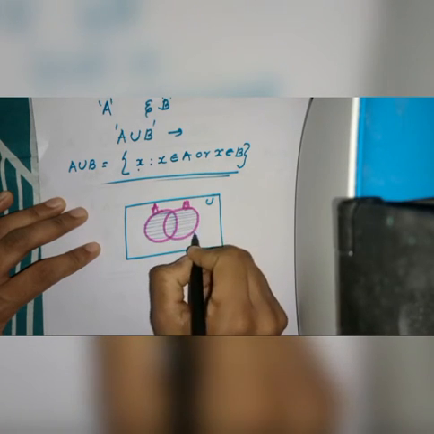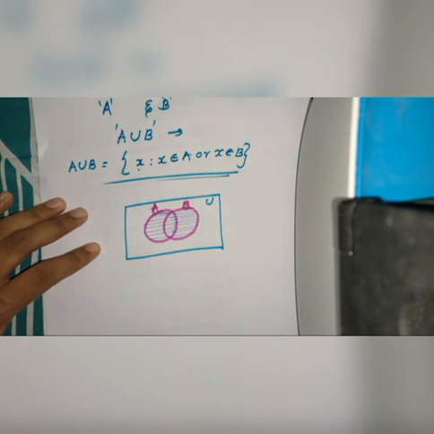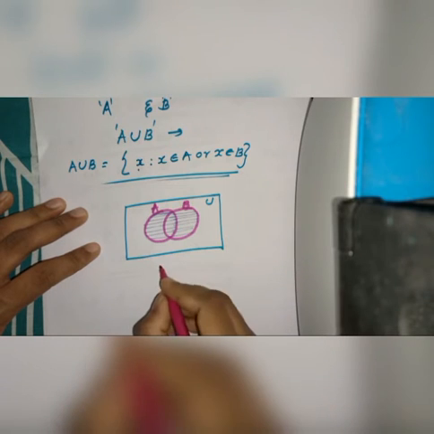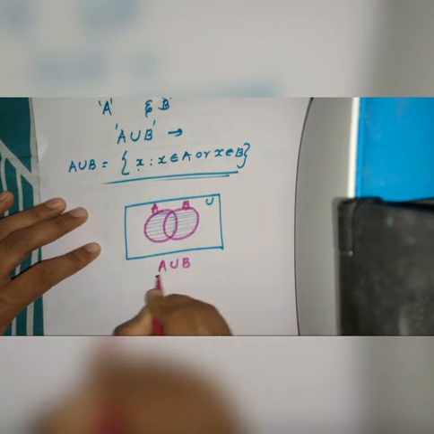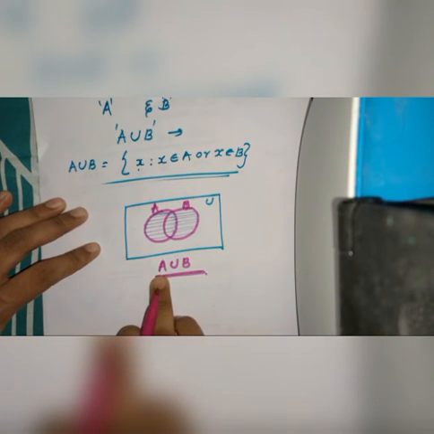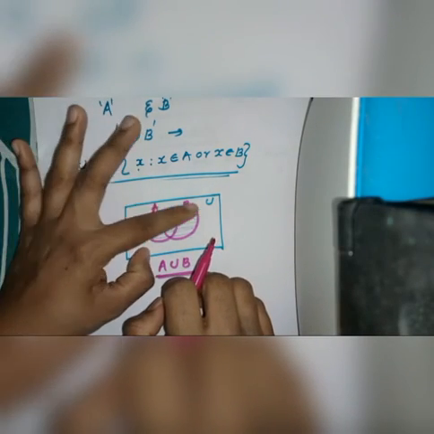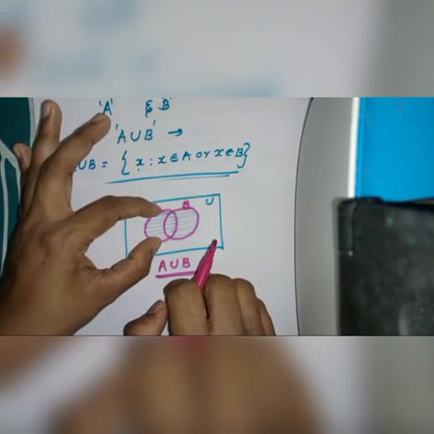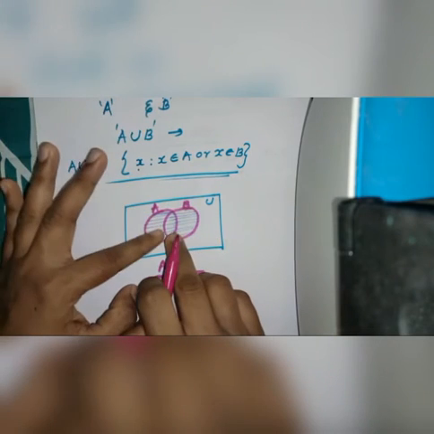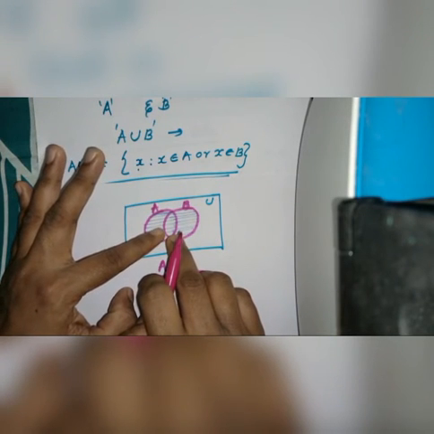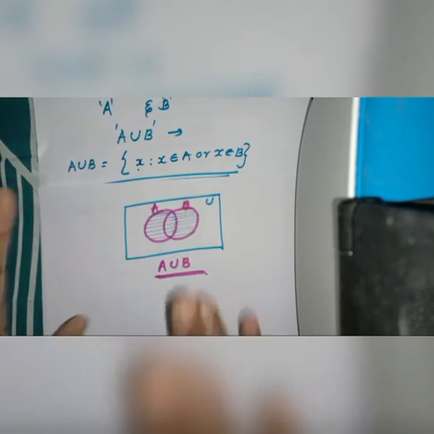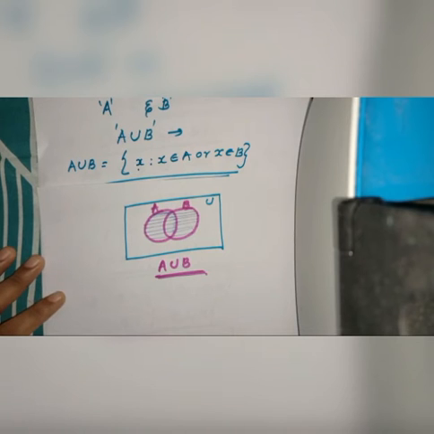So this is the Venn diagram representation of A union B. It consists of either the elements of A or the elements of B, and it includes the common elements of both A and B. That kind of operation is what we call A union B.